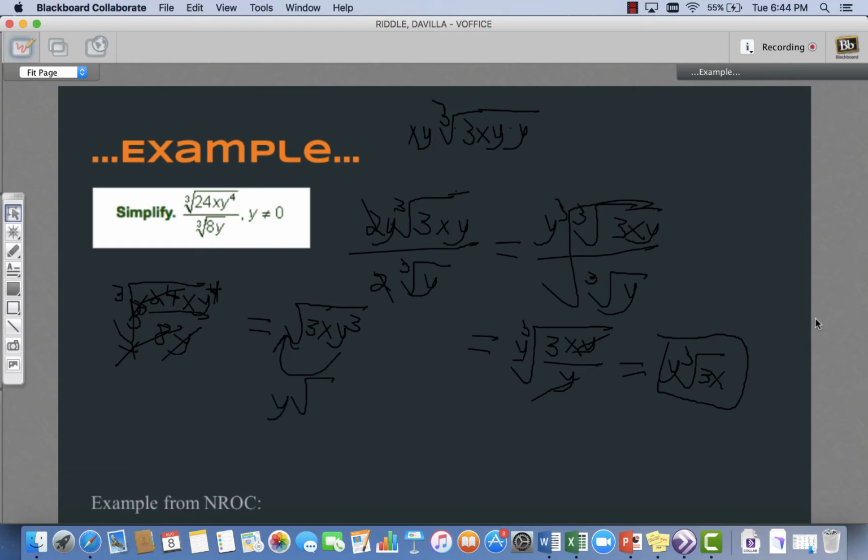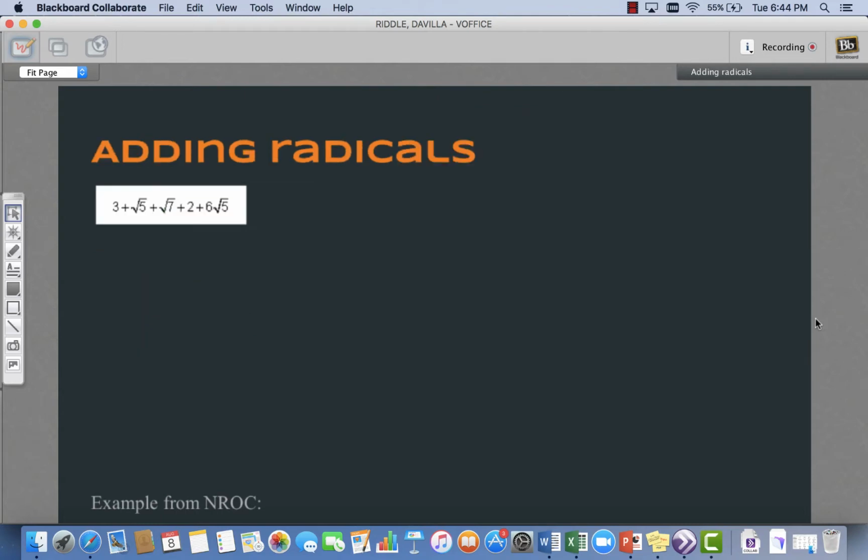We'll have y cube root of 3x in the end. So whichever you feel is more comfortable, I suggest you go with whichever path is possible for you, just as long as it's the correct rules. So you can do it this way or this way in the end here. Whichever feels more comfortable. So that's that example here.